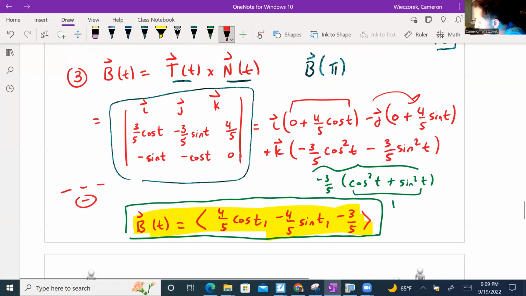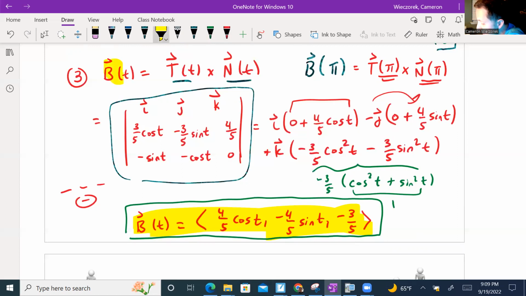You already found the formula for T. You could do T of pi cross N of pi with the numbers themselves. You don't actually have to do it in terms of T. So that's a benefit: if you're not asked to find the general formula for the binormal vector, if you're only asked to find it at a specific point, do the hard work for T and N, but then you can just plug in the points and your determinant gets filled with numbers instead of getting filled with T's.